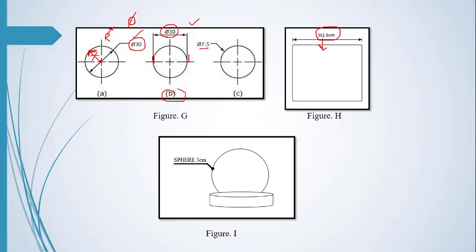The SQ 3 centimeter shows that this is a square. If in the drawing a sphere is given, for a sphere we will write sphere and the unit. If it is in centimeters or millimeters or whatever it is, we will write sphere first for the spherical object.